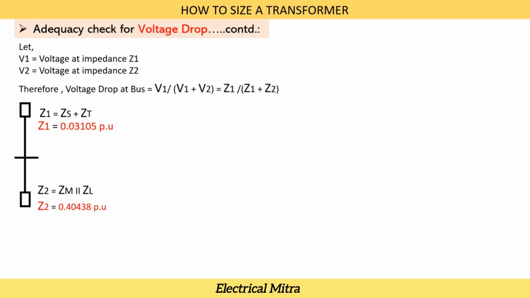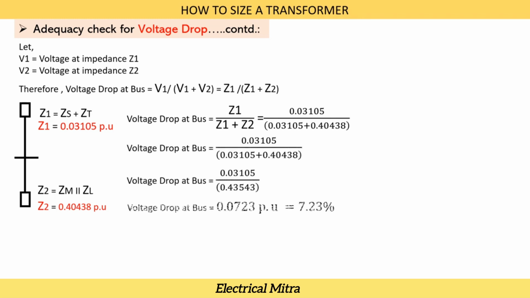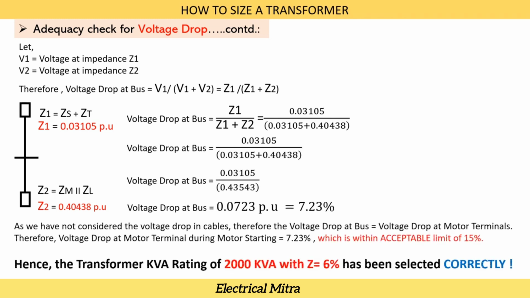Therefore, voltage drop at the bus is equal to V1 divided by V1 plus V2, which is equivalent to Z1 divided by Z1 plus Z2. Based on the above, voltage drop at the bus is equal to 0.0723 per unit or 7.23%.